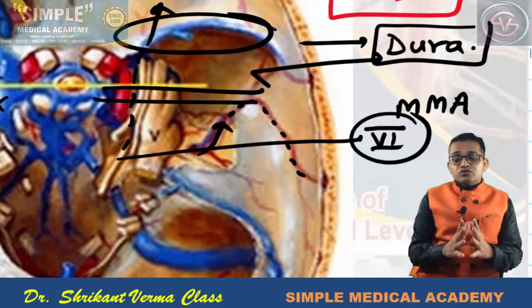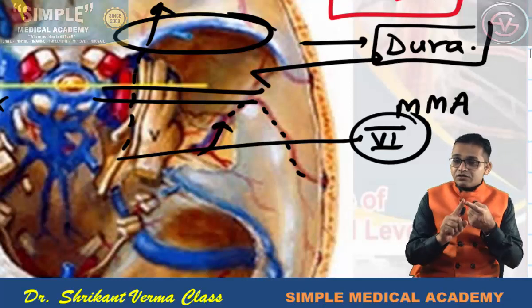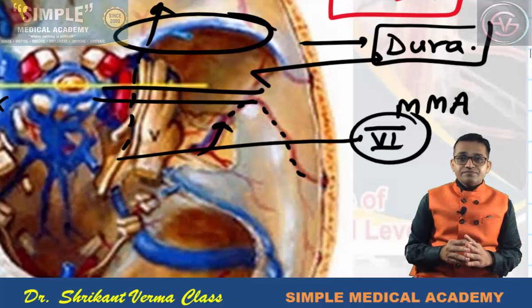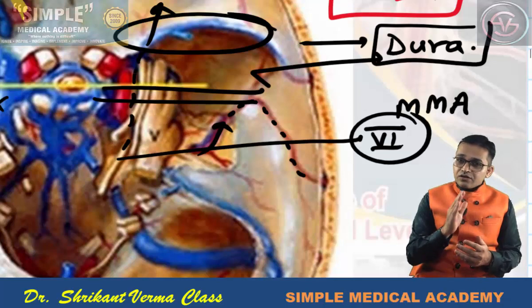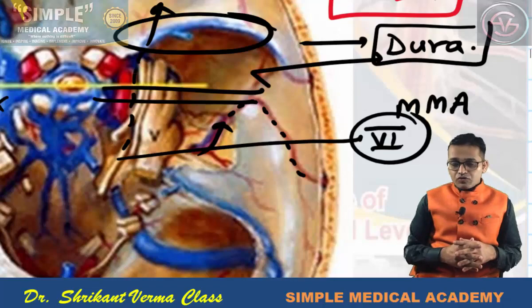The entire course we will discuss later, but in brief, the third, fourth and sixth cranial nerves come from the brain, then pass through the cavernous sinus, then run towards the superior orbital fissure, then supply the extraocular muscles.